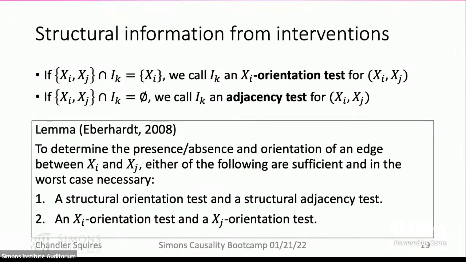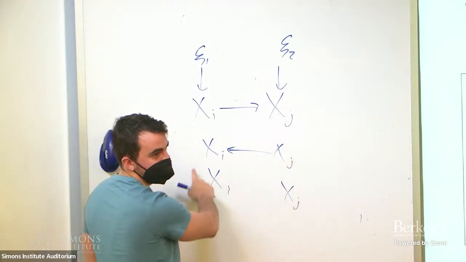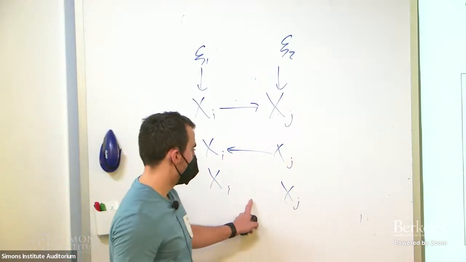So can I do this if I have an intervention on each of these variables? If I introduce this zeta1, zeta2 to all of these, then we'll be able to tell between all of them because of this V structure. So we'll have a V structure at xj in this case and at xi in this case, and we'll have nothing down here.